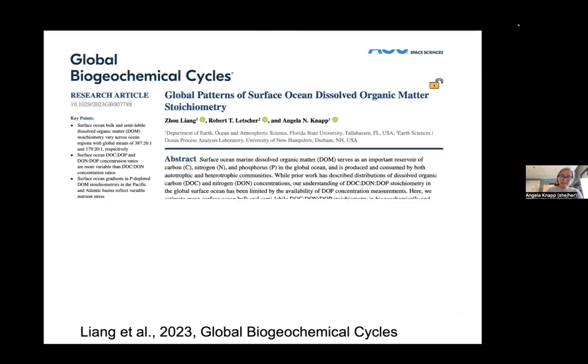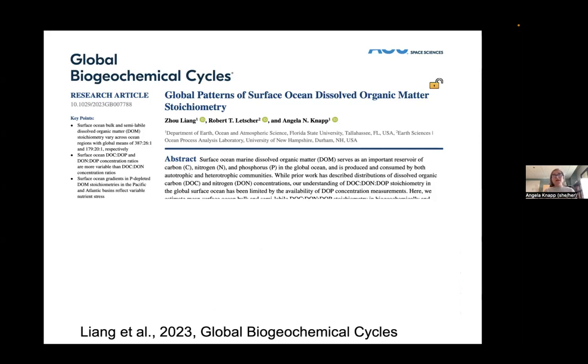And then the last thing that I want to talk about really quickly, and this is a paper that came out yesterday, and I'm so excited about this paper. So this is also work that my grad student has been leading and that Rob Letcher and I have been supporting, is we, again, are using this dissolved organic phosphorus concentration database to take a global look at surface ocean DOC to DON to DOP stoichiometry.